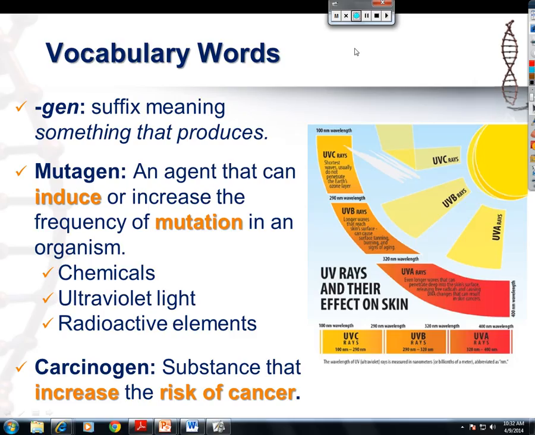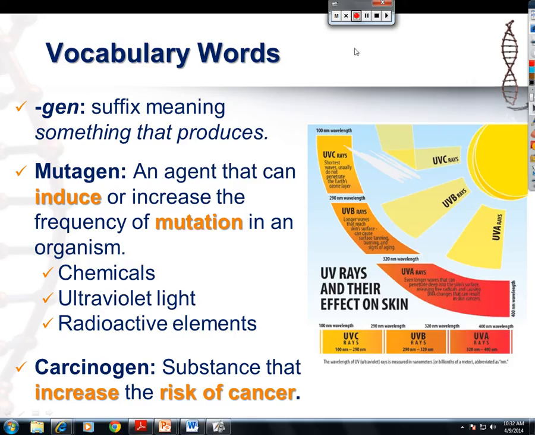The suffix gen means something that produces. So a mutagen, for example, is an agent that is going to induce or increase, which we could say produce, a mutation.